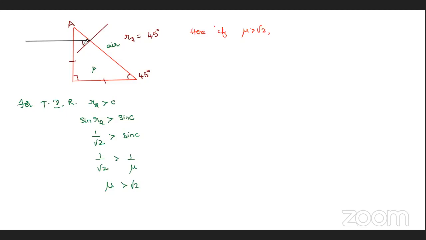In case of TIR, the angle of incidence equals the angle of reflection in the same medium. So this is 45, and the angle of reflection should also be 45. Altogether 45 plus 45 is 90, so the light comes out of the prism exactly at 90 degrees, like this.